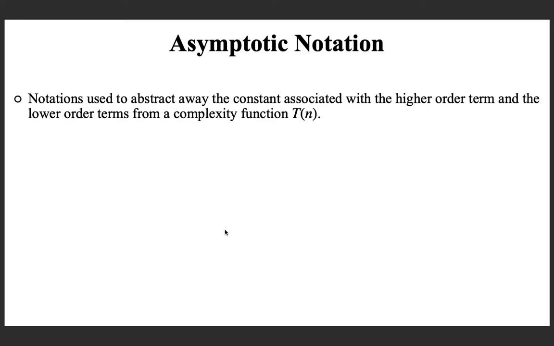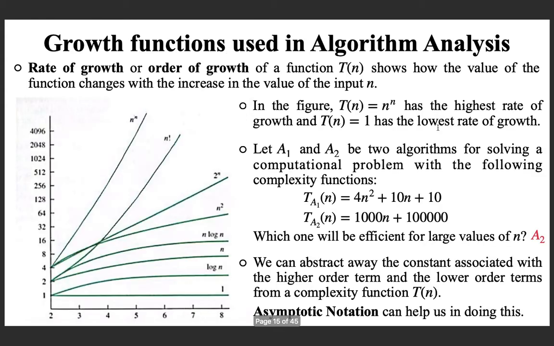Okay, and these are used to abstract away the constant associated with higher order term and the lower order terms from a complexity function. For example, here you don't have to worry about this constant and also these two terms. You just say that the rate of increase is in the order of n square. Here it is in the order of n. You don't have to worry about this constant or whatever lower order terms are there in that function.